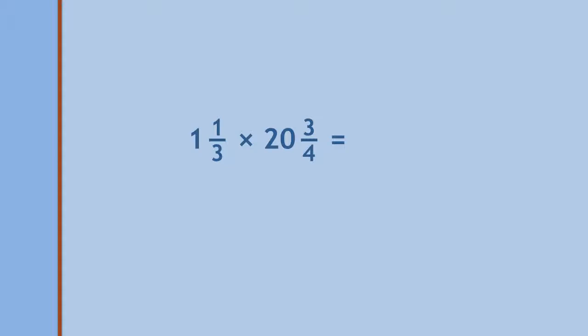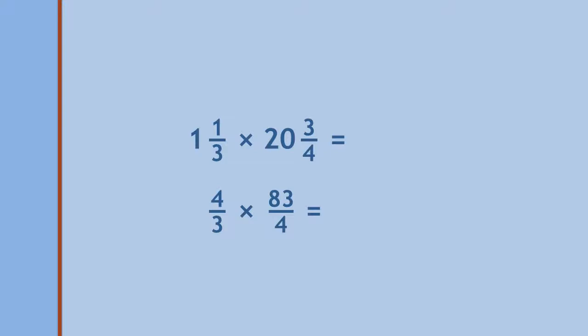Great job. Okay, so let's take a look. First, we turn 1 1/3 into an improper fraction of 4/3. Now we did that by multiplying 3 times 1 and adding 1, which is 4, and then putting it over 3. And then we turned 20 3/4 into 83 over 4 by multiplying 4 times 20, getting 80 plus 3 is 83, and putting that over 4.